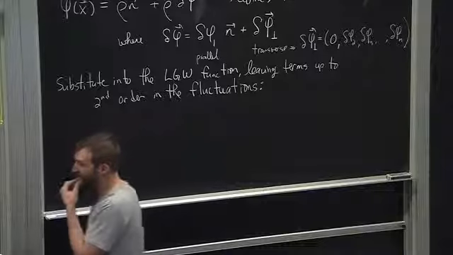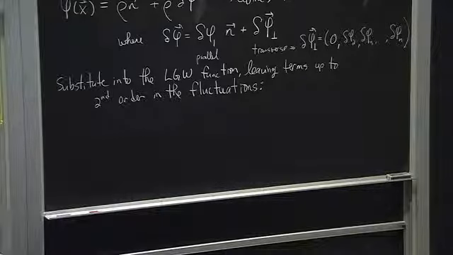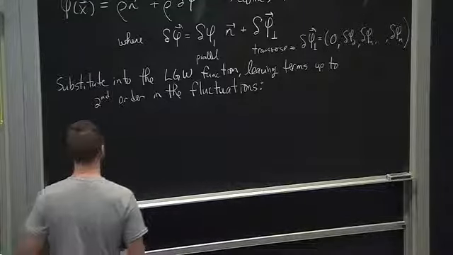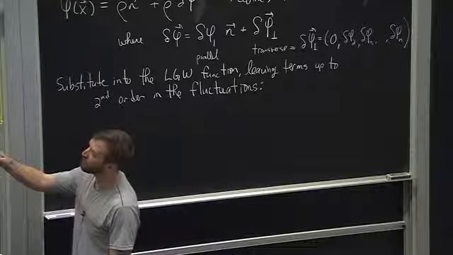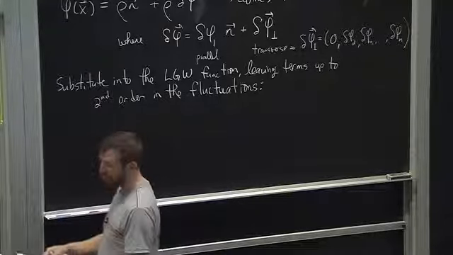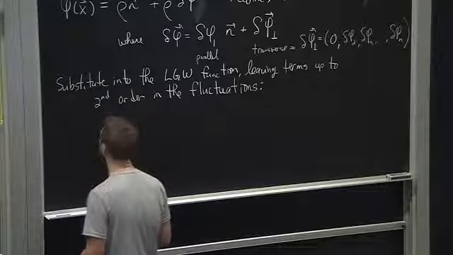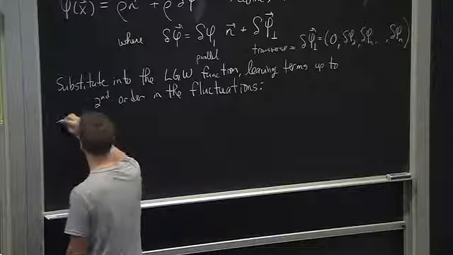Okay, so what do I want to do here? Let's go back to that first action I wrote, just to keep everything clear. So I have terms, I got phi dot phi squared, then I got the gradient terms. Okay, so term by term.